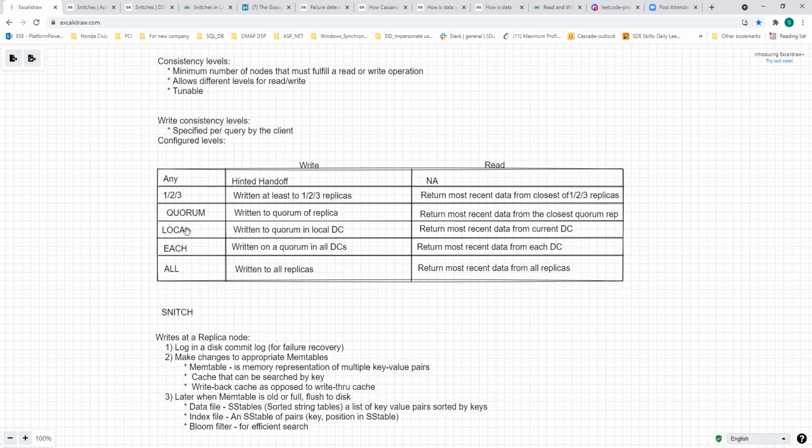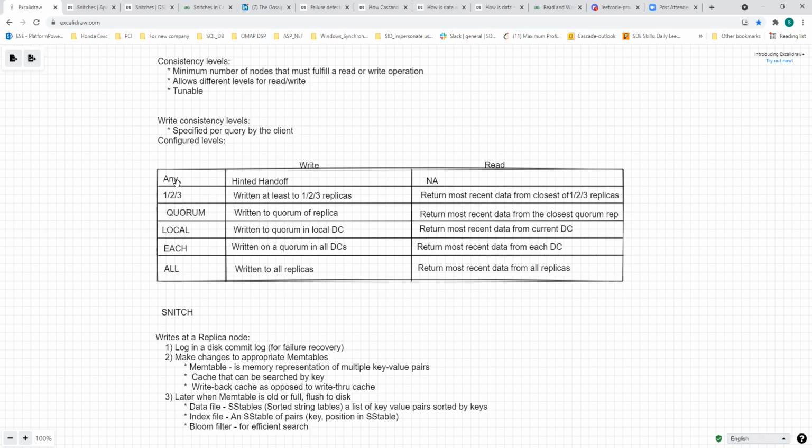Then you come to local quorum, which means you have a quorum in a data center. Frankly, I don't find any difference between quorum and local quorum, but that's a debatable question again. Then there is EACH, which means you write on a quorum in all the DCs. And the last is writing to all replicas across the DCs. So this was for write.